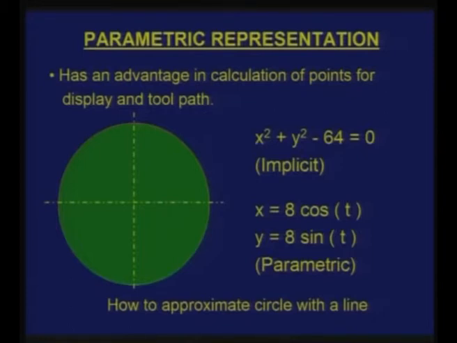Now, this circular entity has to be approximated with, let us say, straight lines. This we do quite often in CAD/CAM applications. For example, I have a curve which may be a circle or any free form curve, and in order to display or approximate this curve, I take a number of points on the curve and join them by straight lines, and say that you have a piecewise linear approximation for a curved entity.